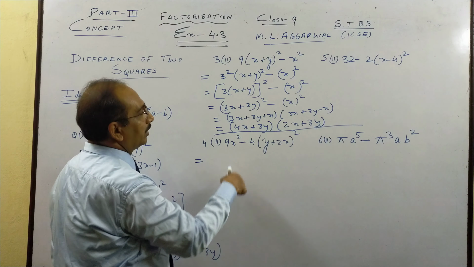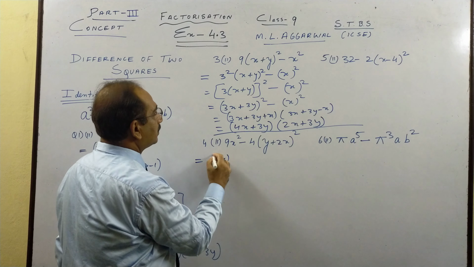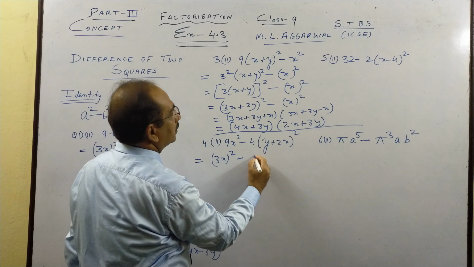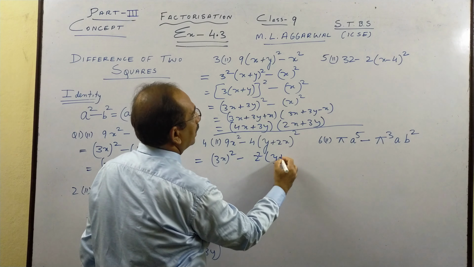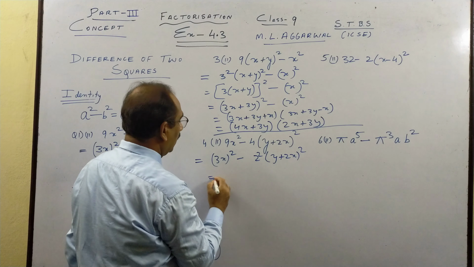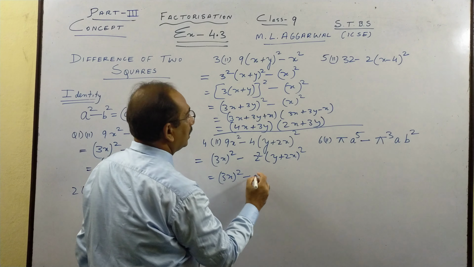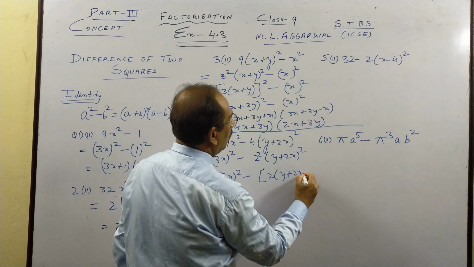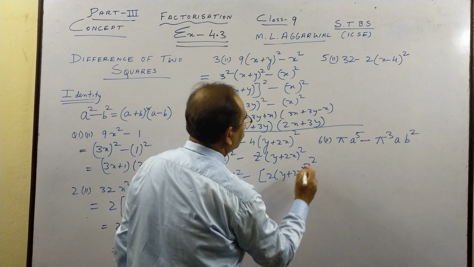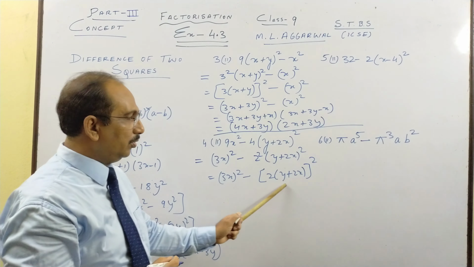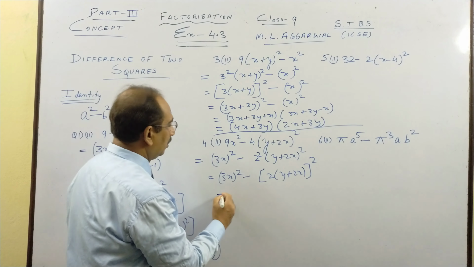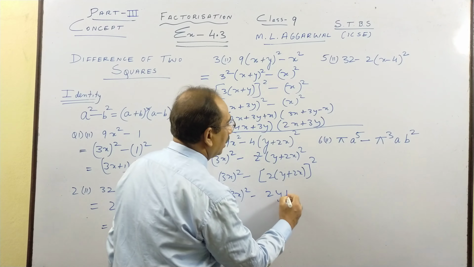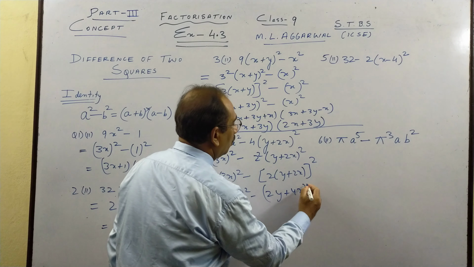Here very similar question, children. Make this 3 whole square, but here you see this is very similar to this. So what I do, exactly same procedure I follow, and what you will see is this 2 will go inside, this 2 will go inside and become common. We have 3x whole square minus this is 2y plus 4x whole square.